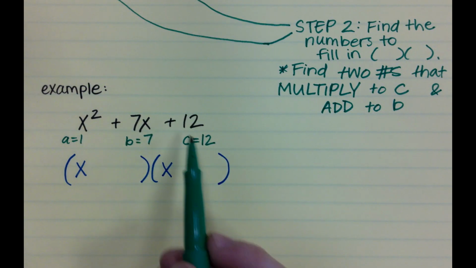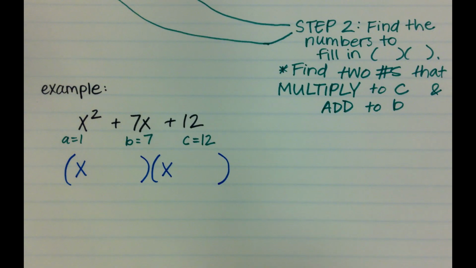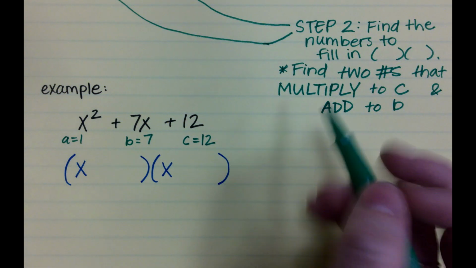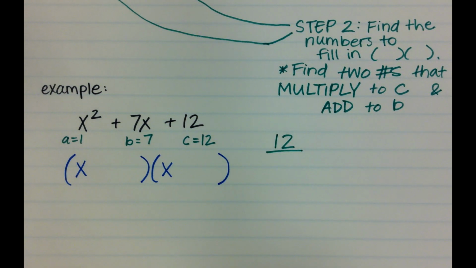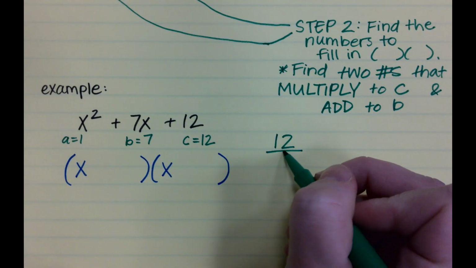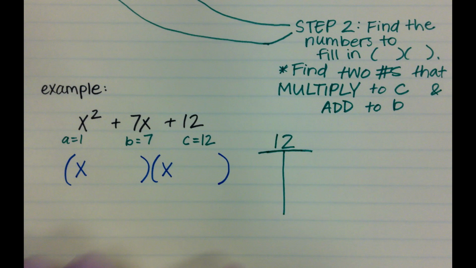So if I want to know what numbers multiply to 12, we actually did that earlier. Remember, we did our factoring chart. So let's just redraw that chart. First, we want to find our factors of C. So I'm going to make a little T chart every time. This is how I'll do it.